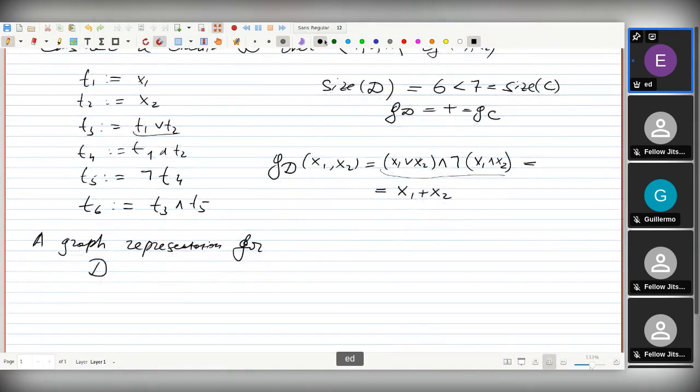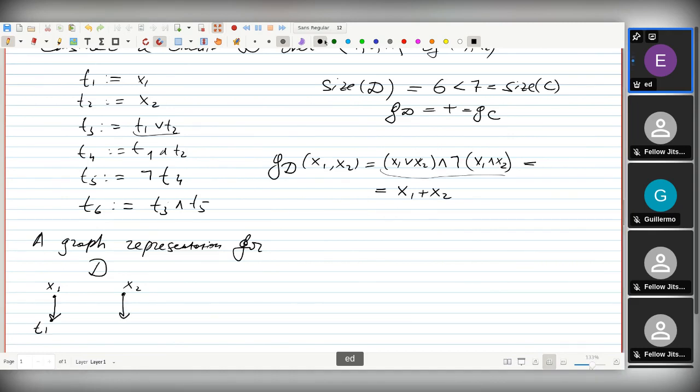So, what is a graph representation? First of all, we shall mark our inputs and temporary variables as some points, and then we will connect them in some way. So, first of all, let us start with our inputs. Let us draw an arrow from x1 to t1. So, what is t1?